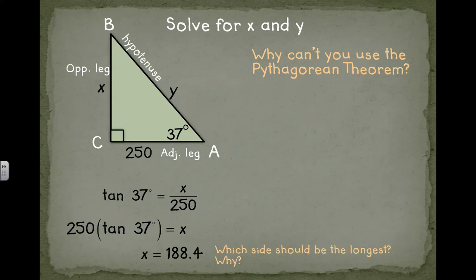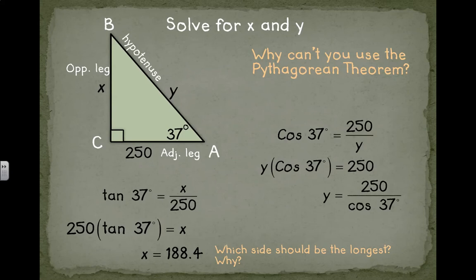So it's really just the math, guys, here. So your length for x is 188.4. Using cosine of 37, adjacent leg over the hypotenuse, we can solve for y the same way, but you're going to end up dividing by the cosine of 37, and your y is 313.